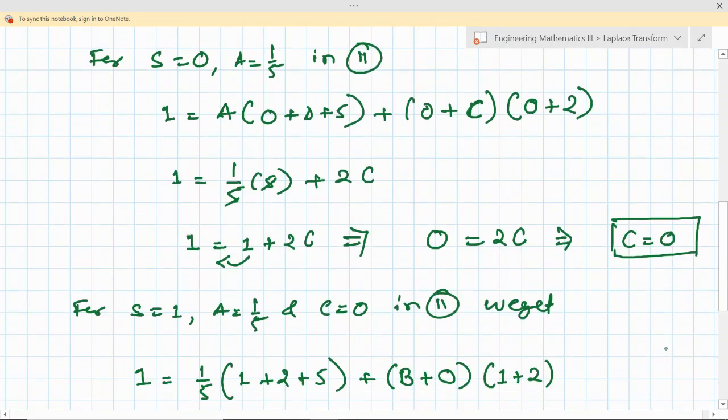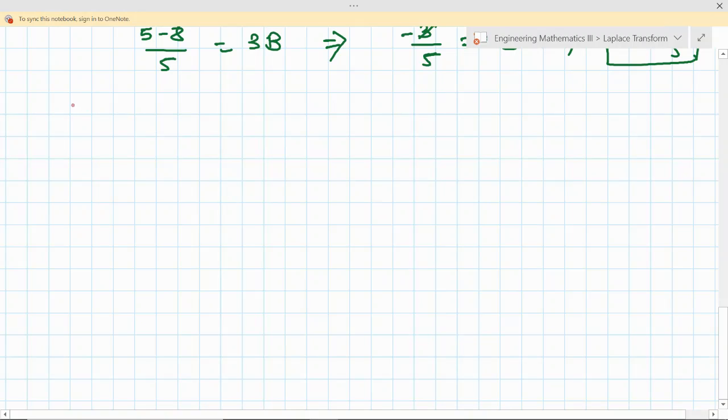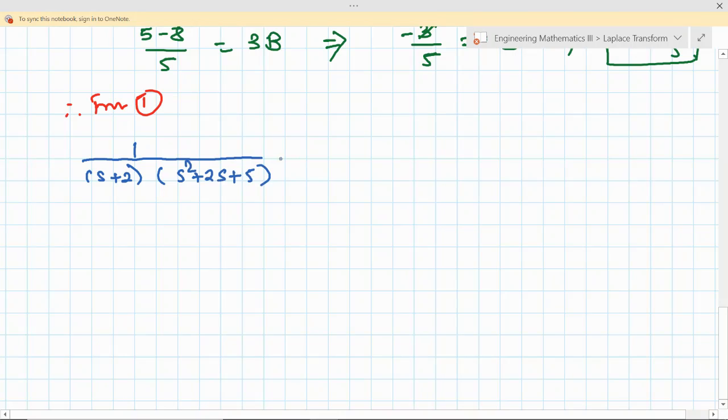Substitute these values in equation number 1. So what I get, from 1, this is 1 upon s plus 2, then s square plus 2s plus 5. This is equal to a upon first factor.